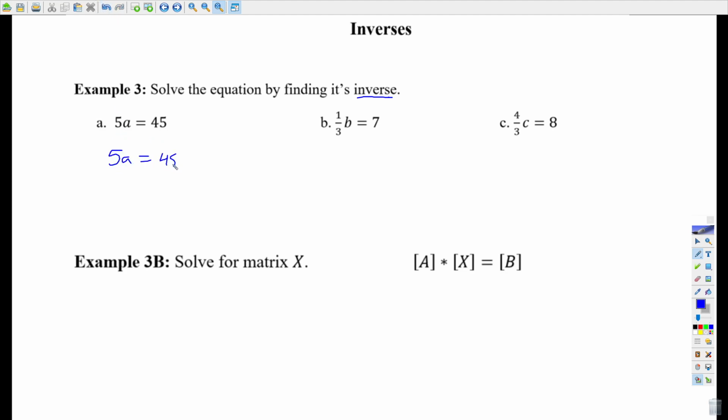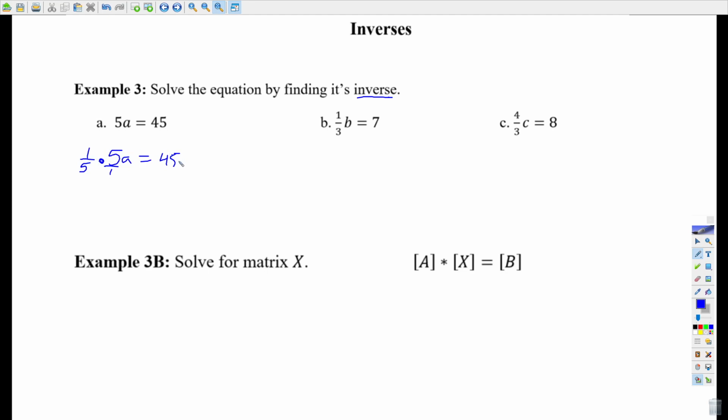5a equals 45. Instead of saying dividing by something, I'm going to say, what can we multiply by so that the 5 goes away? Well, dividing by 5 is the same thing as multiplying by the reciprocal. 5 over 1 becomes 1 over 5 as a reciprocal. Not the same thing, but it flips them around.